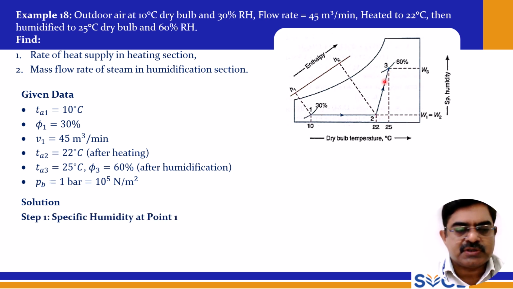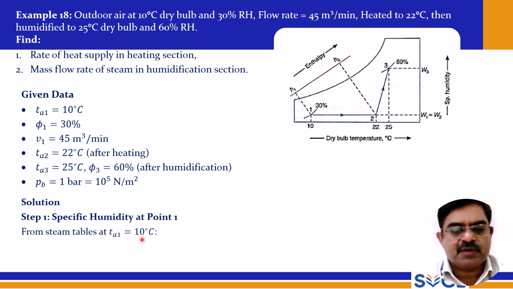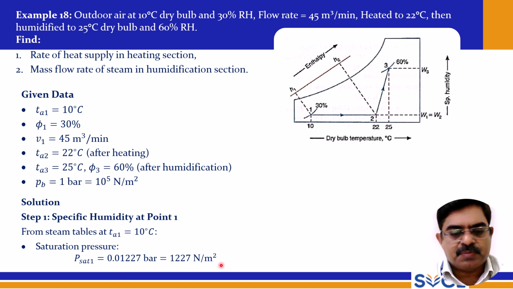So solution is step 1, humidity at point 1. So from steam tables, Ta1 equal to 10 degrees Celsius, and for this the saturation pressure Psat1 equal to 0.01227 bar. So in terms of Newton meter square, it is 1227.